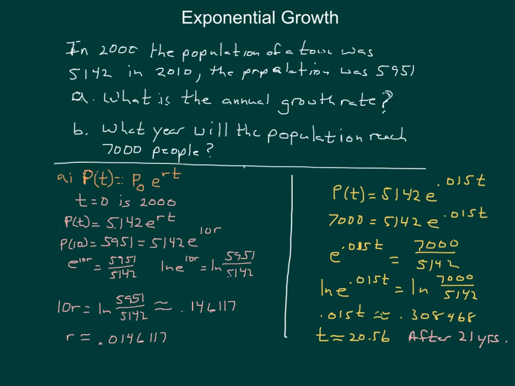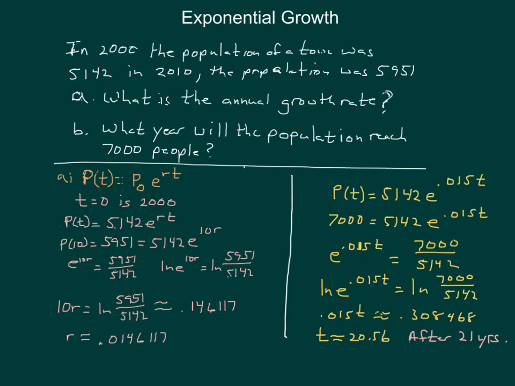Because 0 represents 2000, I know 2010 is going to be t equal to 10. So when I put 10 in for t, I know that 5,951 is going to be 5,142 e to the 10r. And so what I have to do now is solve it for the exponential.